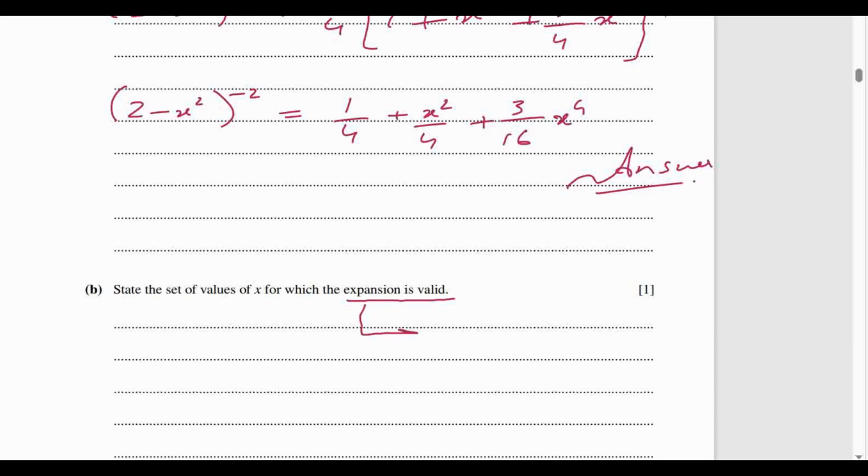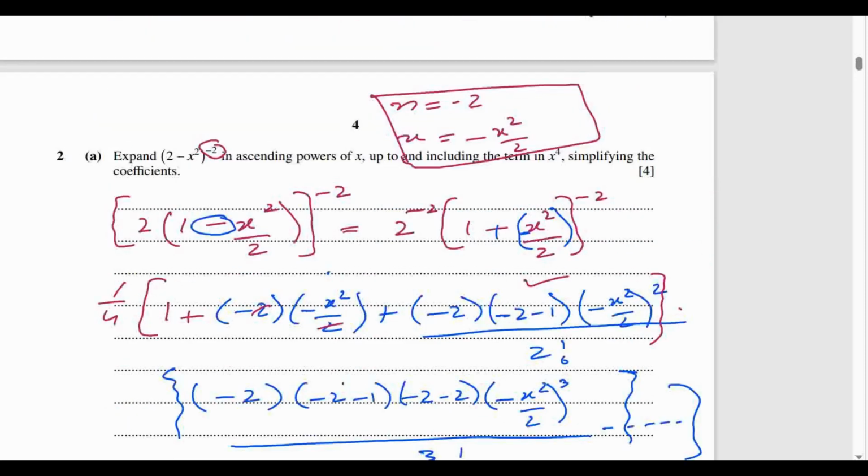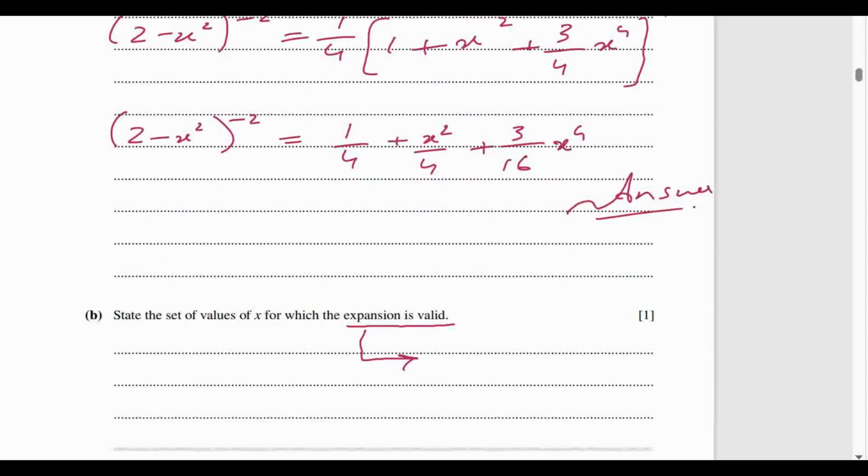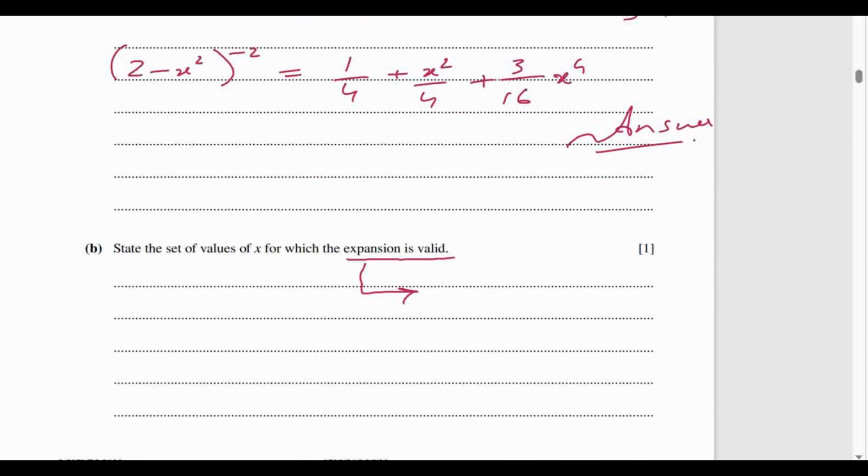It means that, as we can see in the question, (2 minus x square) to the power minus 2, this was the question. Expansion is valid means that this minus 1 by 2 x square should be less than 1.